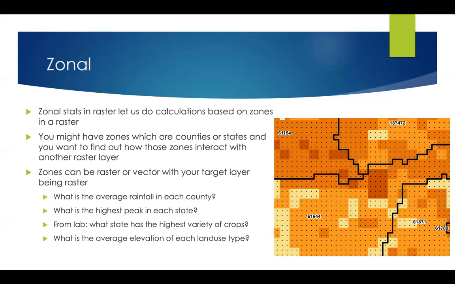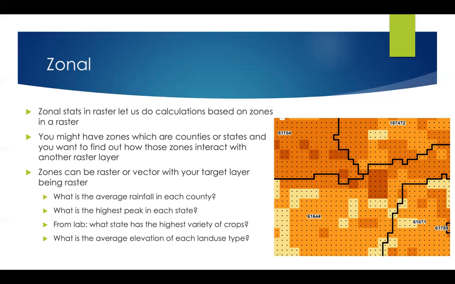Next up, we have zonal statistics. This allows you to create zones in one raster based on either a second raster or a vector polygon dataset. In this image on the right, the raster is the orange and yellow layer, and the zones here are shown with thick black lines. What you are able to do with zonal statistics is find, say, the average of whatever your raster is within that zone.